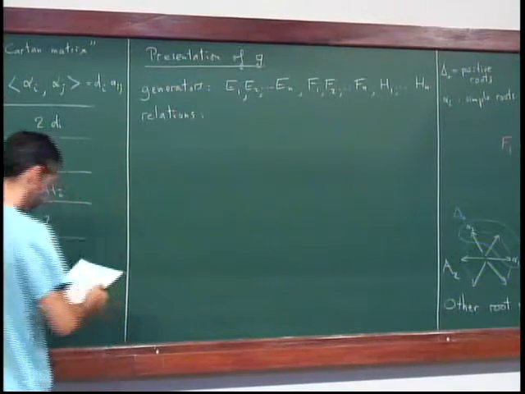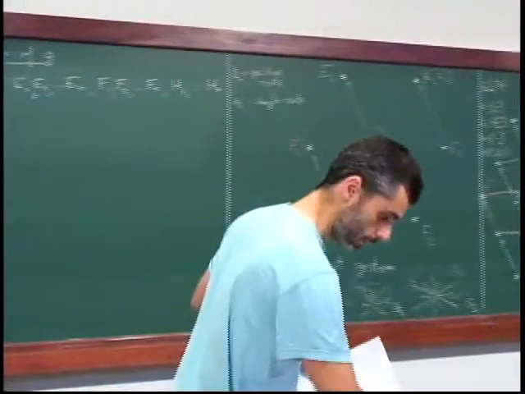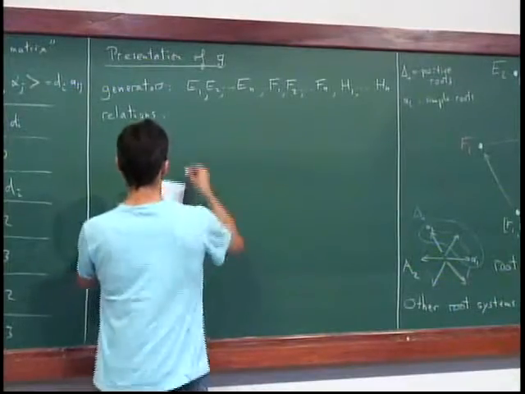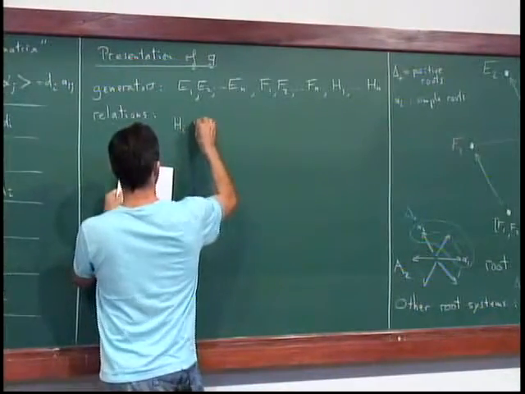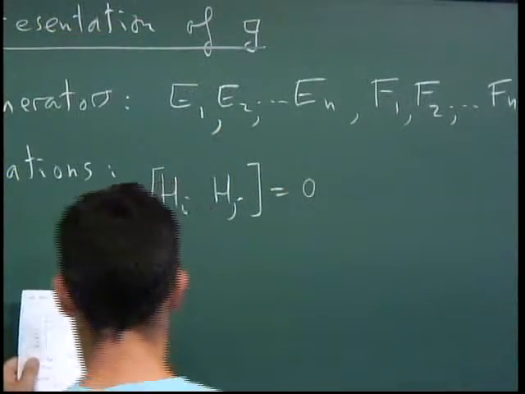What are the relations? Well, they're given by a list. Hi and Hj commute.